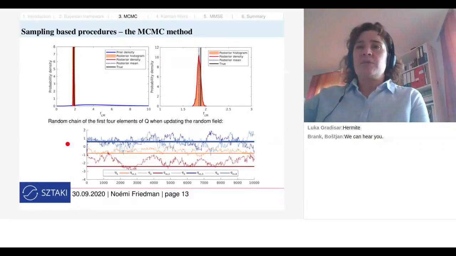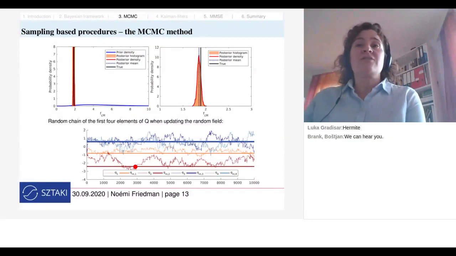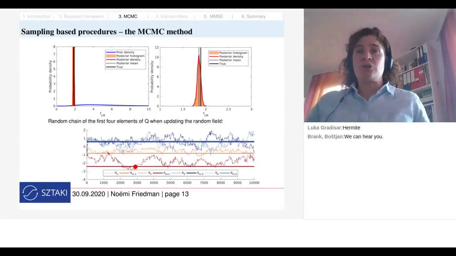So this is an example for the random field when I had these 11 random variables, and here I only plot the random walk of 4 of them. And you can see that it's quite difficult to say when it actually starts to converge to a specific distribution, because it's a high dimensional problem, and with this 1D plot you cannot really see what's going on.